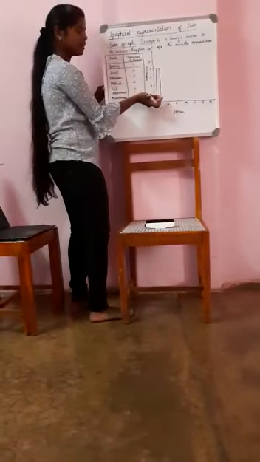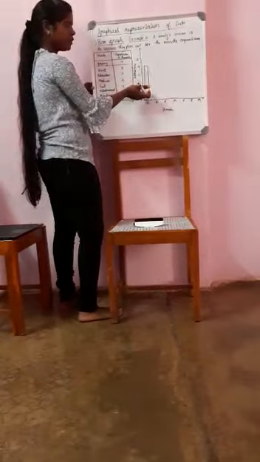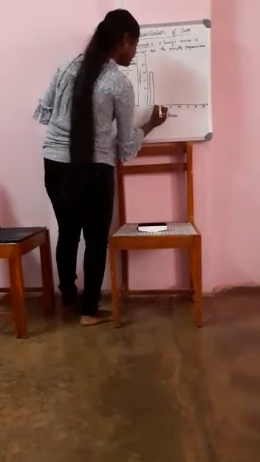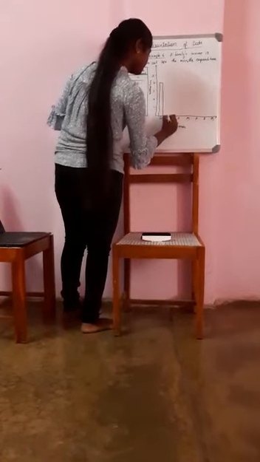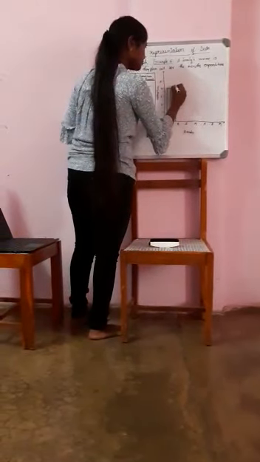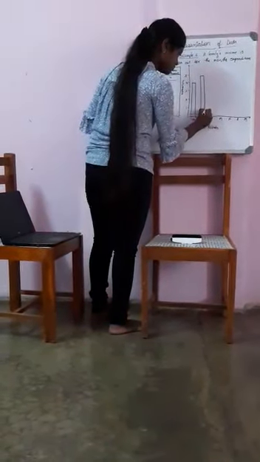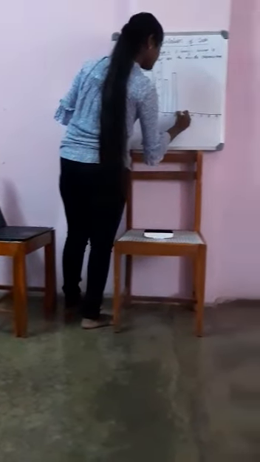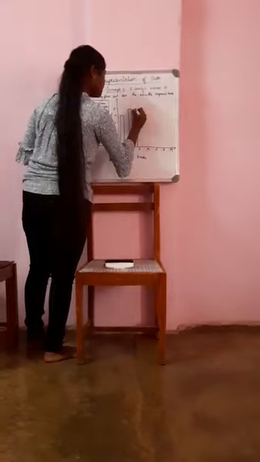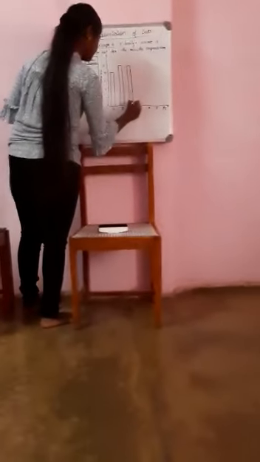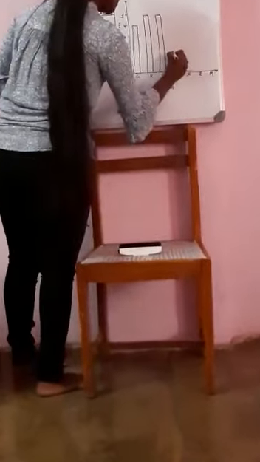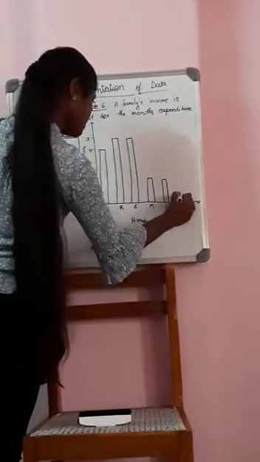Please note the rectangles or bars which I am drawing should be of uniform width and equidistant. Rent, 5,000. Education, another 5,000. Medicine, 2,000. Fuel, 2,000. Entertainment, 1,000. And miscellaneous, 1,000.